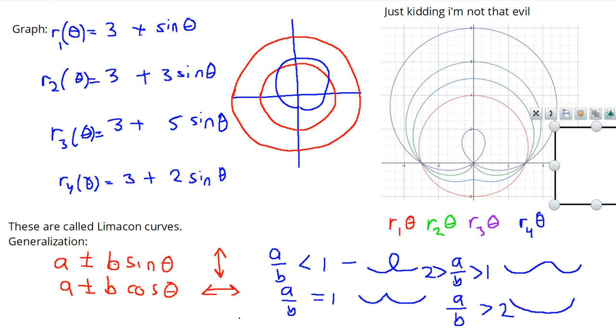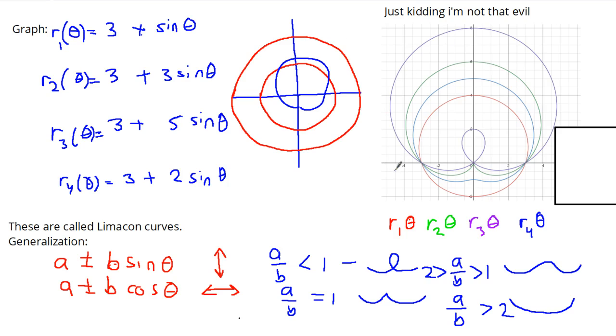You can see that the R3 has a loop, the R2 doesn't when a is equal to 1, and the R4 has a small bump, but it doesn't have a loop at all.